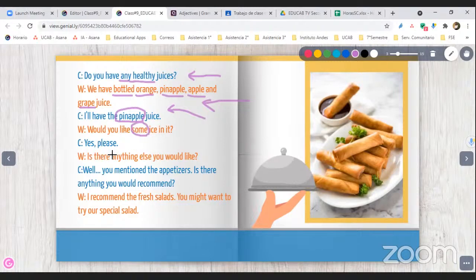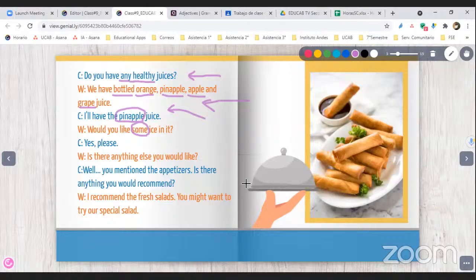Good, okay, just please, well, there we don't have an adjective. Let's see in the next one: Is there anything else you would like? Do you think there is an adjective there? No, so we don't have any adjective because anything is not describing or modifying a noun. So good, Luciana, good.